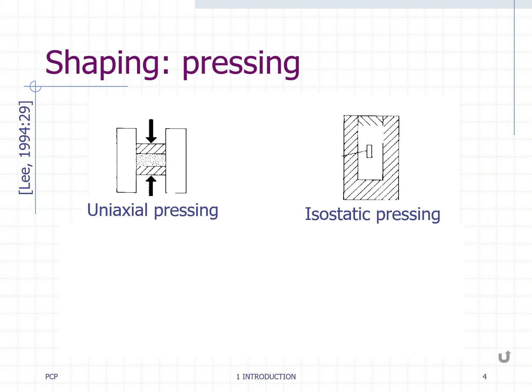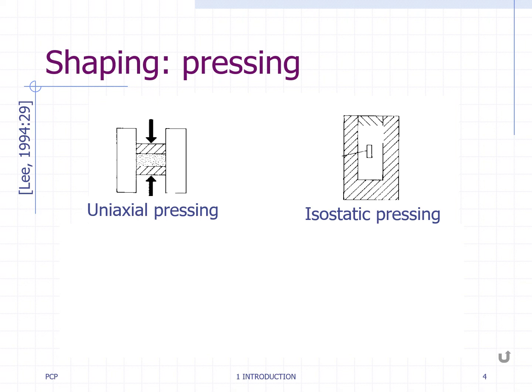During CIP, a liquid, water, or most commonly oil, is used as a hydraulic way to transmit pressure around the green body, which is normally protected by an impermeable plastic or rubber-like bag.